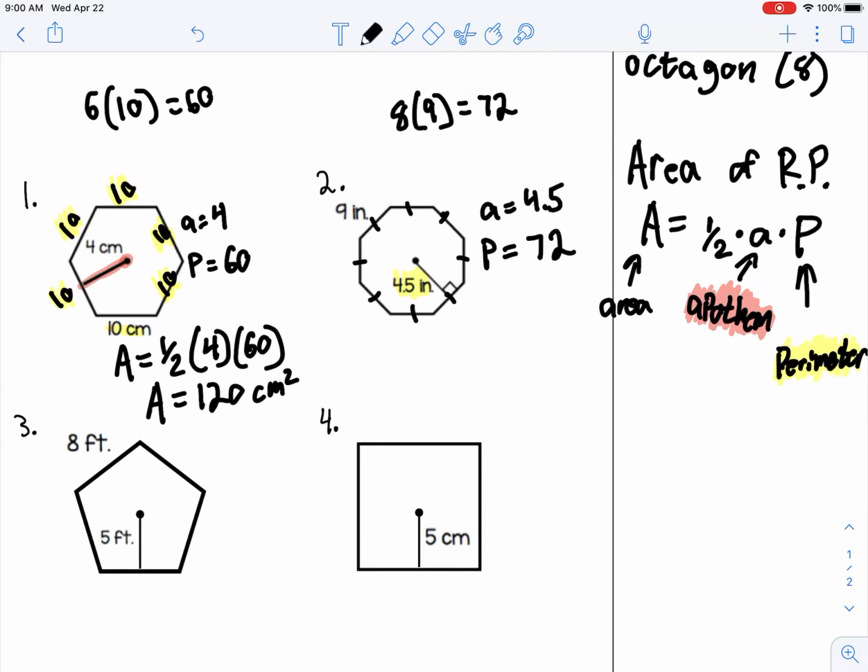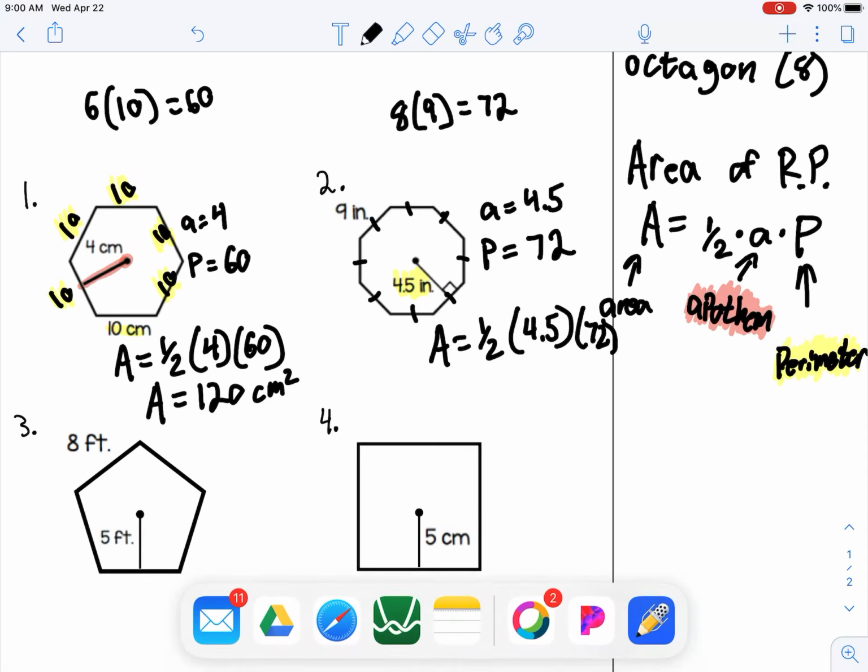So I'm going to take that and plug it into my formula. A equals 1/2 times 4.5 times 72. Now I don't know about you, but I can't do that in my head.